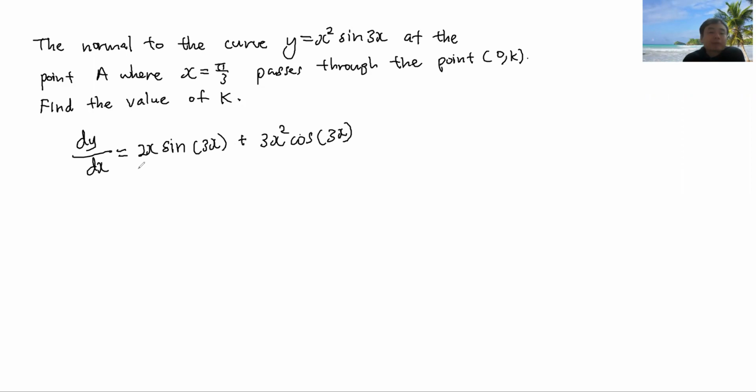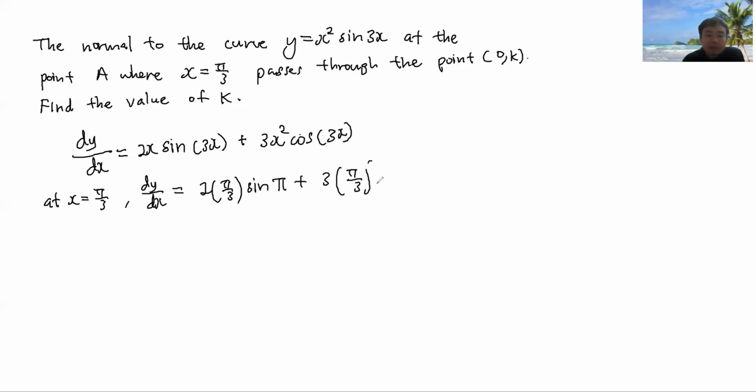So at the point x equals pi over 3, dy/dx equals 2 times pi over 3 times sine of 3 times pi over 3, which is pi, and then we have plus pi over 3 squared cosine 3 times pi over 3.